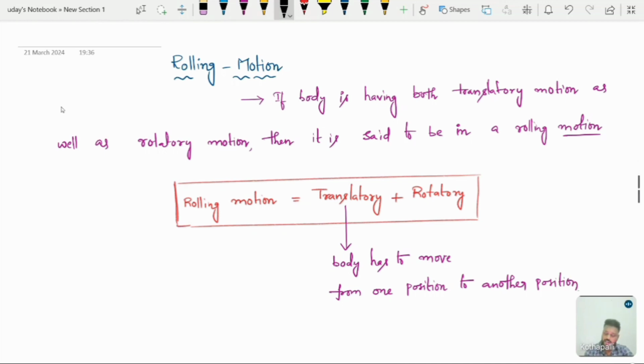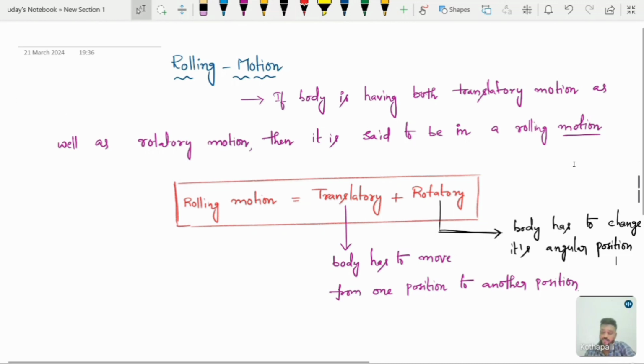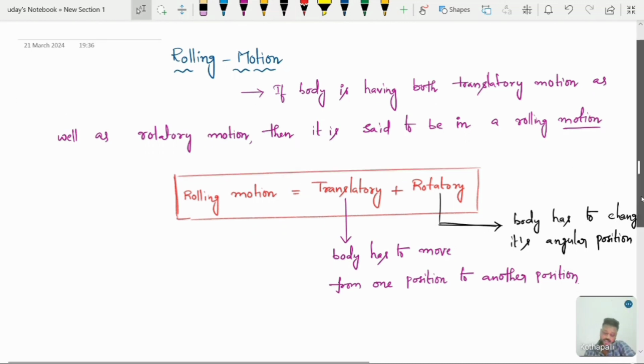What is the rotatory part? Body has to change its angular position with respect to any reference line. Very basic definition of rotational motion I gave in the starting of the lesson. You just go through that point, you will understand this.